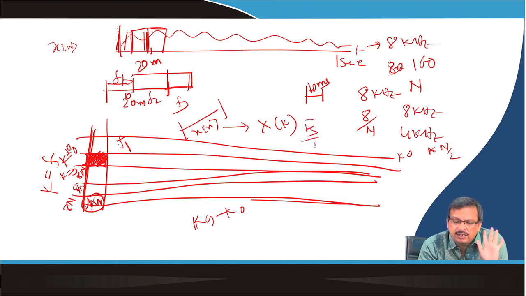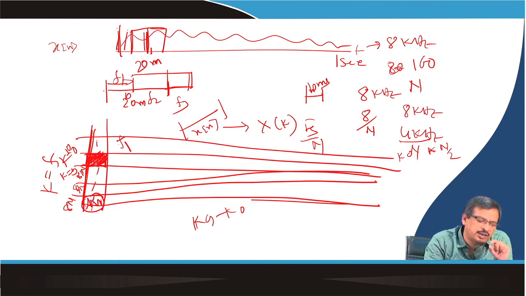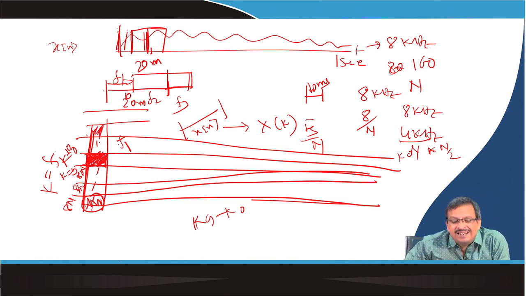Fs by n. And how many bands will be there? n by 2 such bands will be there, and each band's bandwidth is Fs by n.